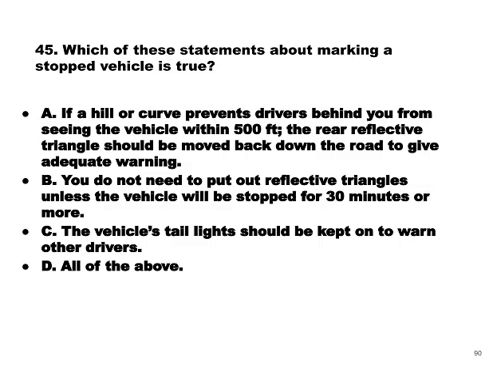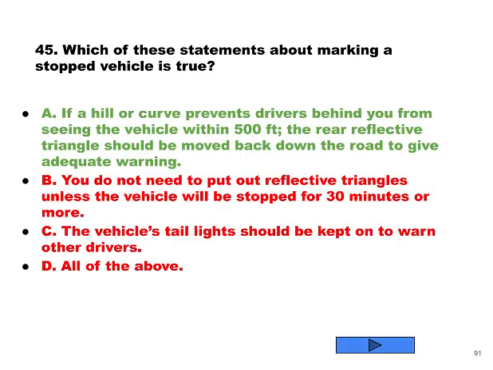C. The vehicle's taillights should be kept on to warn other drivers. Or D. All of the above. The answer is A. If a hill or a curve prevents drivers behind you from seeing the vehicle within 500 feet, the rear reflective triangle should be moved back down the road to give adequate warning.